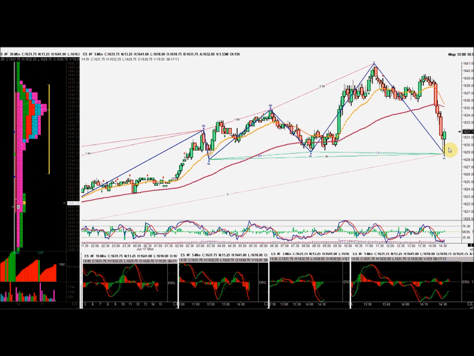I am very close to getting stopped out. I'm a quarter of a tick away. So I'm just going to hang on. If I get stopped out, I take my 3 points and I go.